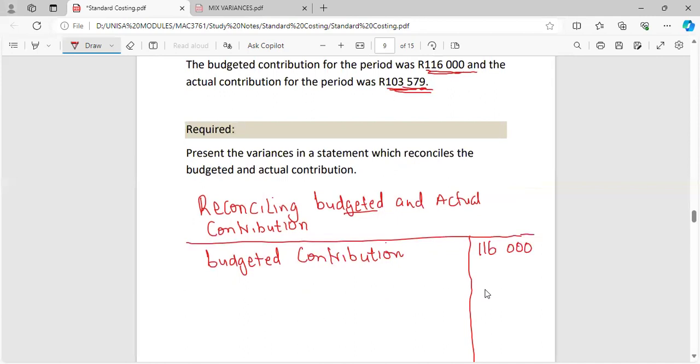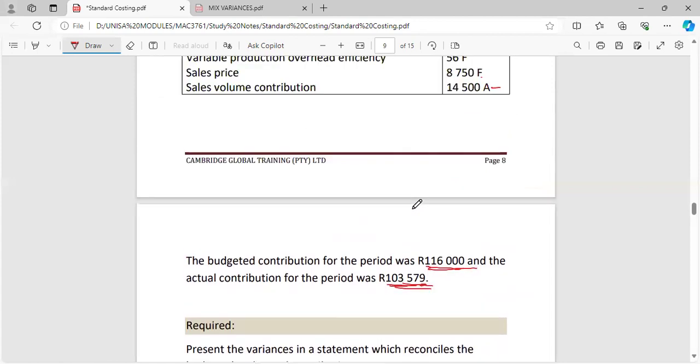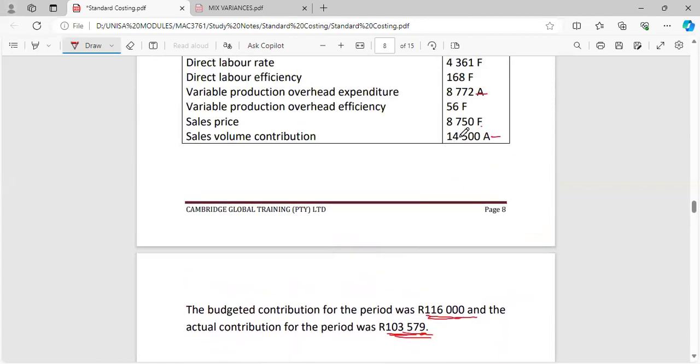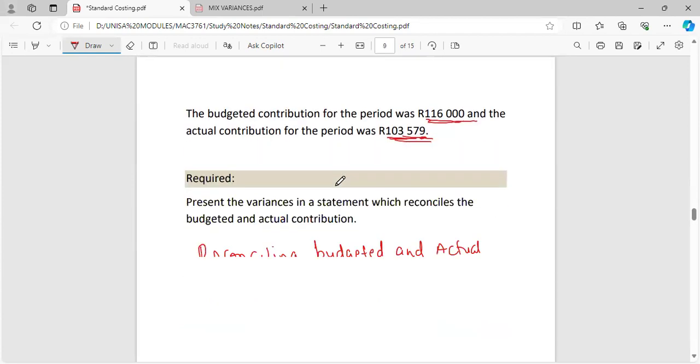Right, when you have your budgeted contribution, remember we are trying to reconcile the budgeted and actual contribution. So you need now to look at the sales. First, you need to adjust your sales variances. So let's look at the sales volume contribution variance.